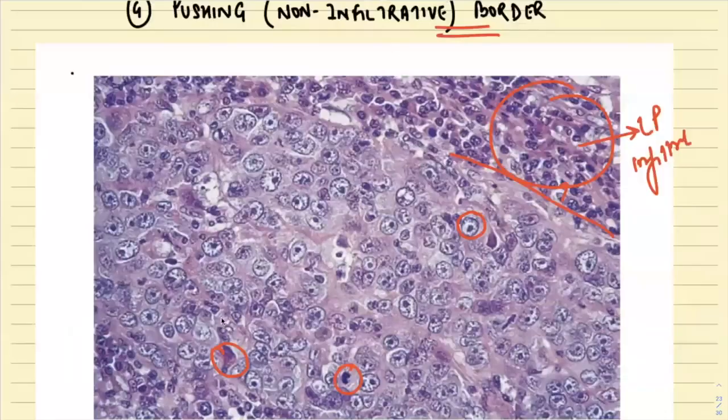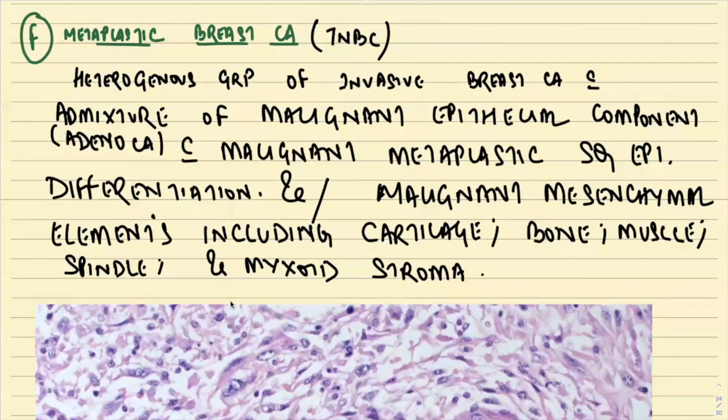Okay. Clear to everyone? Then lastly, we will see the metaplastic breast carcinoma, which is a triple negative breast carcinoma. This is the definition. It is a heterogeneous group of invasive breast carcinoma having a mixture of malignant epithelial component. The malignant epithelial component is the normal adenocarcinoma that we are looking at.